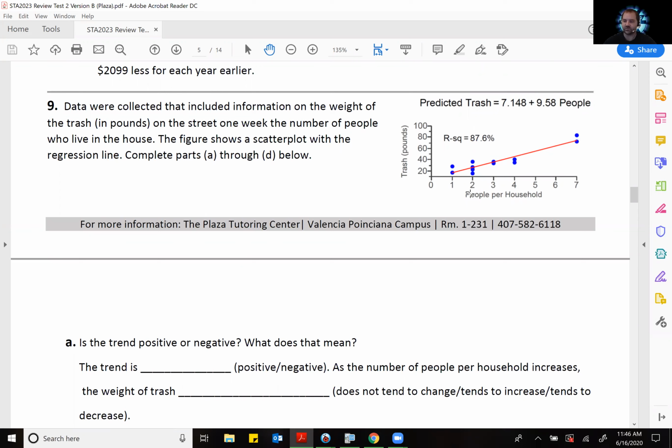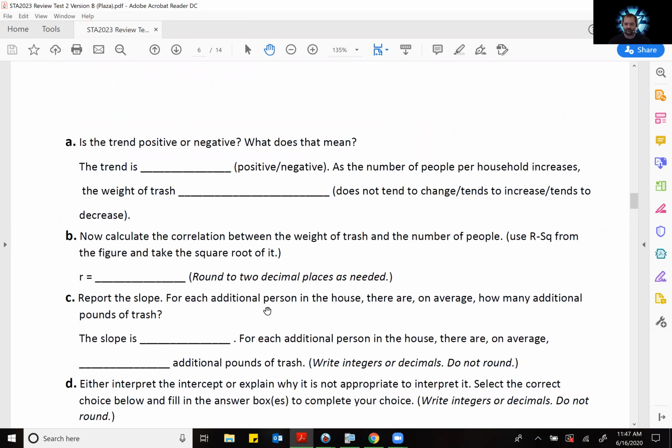So what are we really taking the square root of? A decimal. So 0.876. Take the square root of 0.876 and tell us what it is to 2 decimal places. 0.88. Okay. I think it's 0.94.